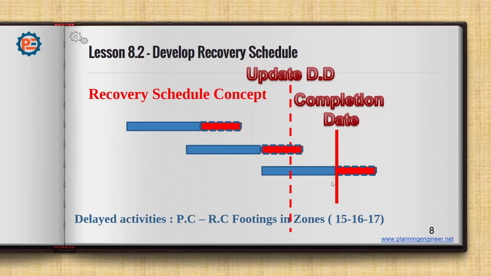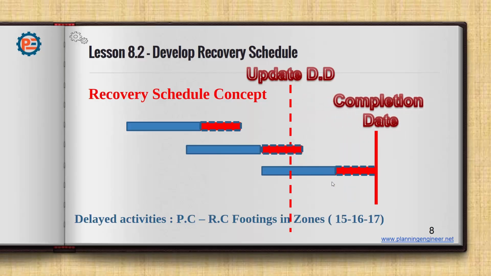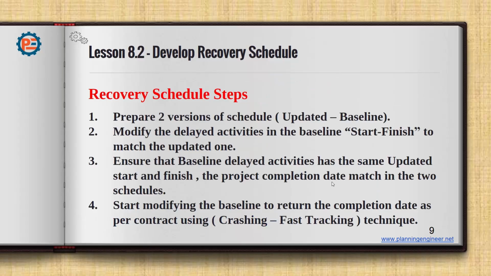So let's go and see how to do this in our scenario. We are going to prepare 2 versions of our schedule. We have the updated schedule, which shows delays, and we have the baseline. This is our starting point. First thing, we are going to modify the delayed activities in the baseline, the start and finish, to match the updated schedule.